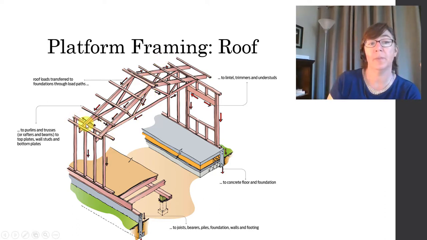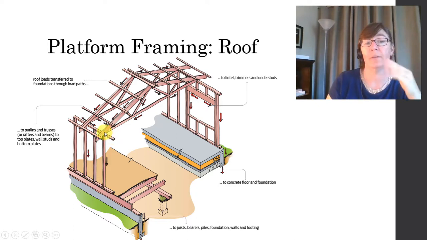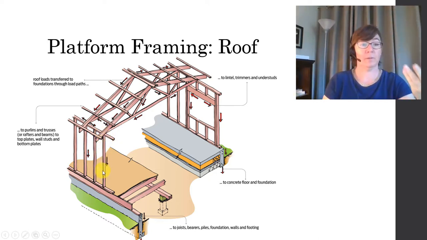So take a look, those roof trusses are resting on the top plate of the walls, right here. And here's the wall studs. We're transmitting that load or that force down. Here's the bottom plate of our wall. And here is our floor system right here.